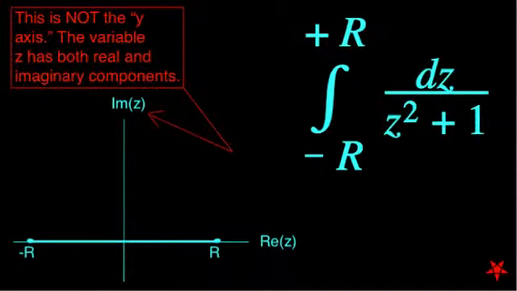Now, just in case you're unfamiliar with what the complex plane is, this will be your wake-up call. Im of z, meaning the imaginary component of z, is not to be taken as a function of Re of z, meaning the real component of z.